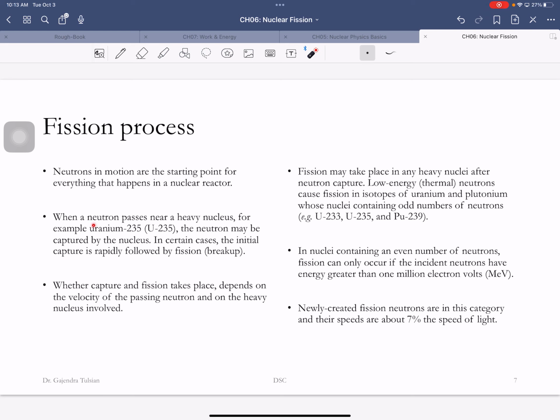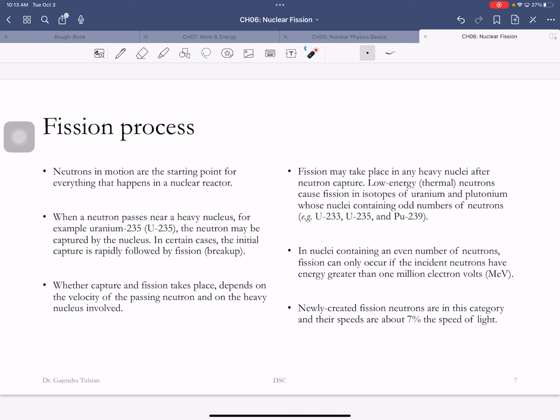When a neutron passes near a heavy nucleus, for example uranium-235, the neutron may be captured by the nucleus. It doesn't have to be captured every time. In certain cases, the initial capture is rapidly followed by fission.